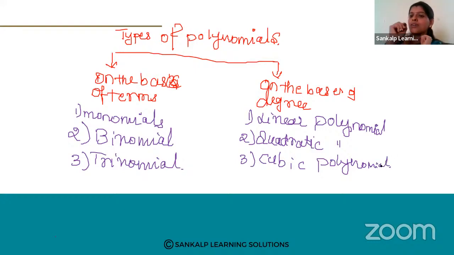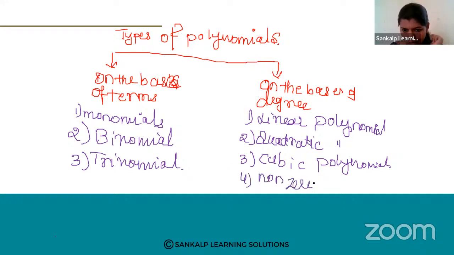Now, one question will arise. What do you mean by degree? Here we wrote on the basis of degree. But what do you mean by degree? Here another two polynomials are there. That is non-zero polynomial and zero polynomial. Right?